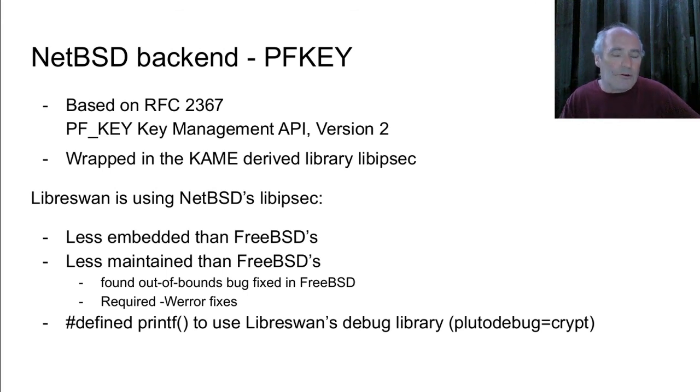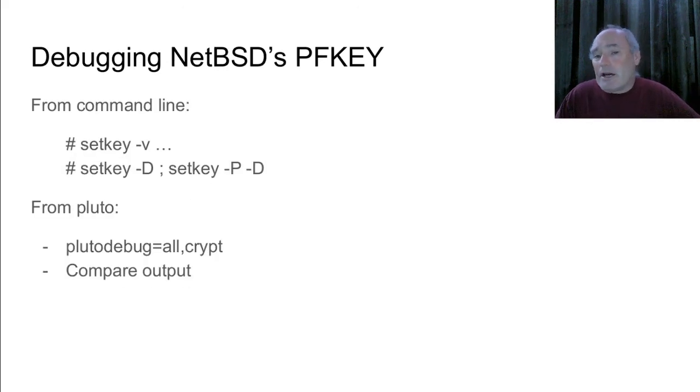Just in the short while I looked, I found an out of bounds access that's fixed in FreeBSD. I had to go through and stomp on good old -Werror warnings. People got rid of those, what, 10 years ago? And finally, doesn't matter whose version I used, I had to hack it so that I could reroute the printf calls into Libreswan's own logging library so that I could actually debug stuff. But with that done, things fell into place pretty quick.